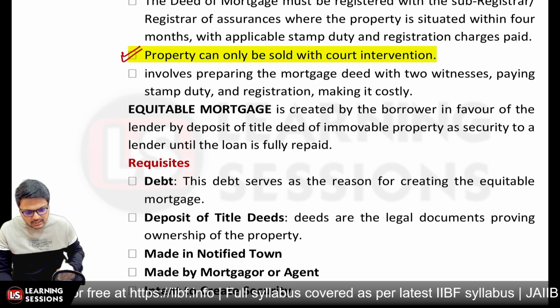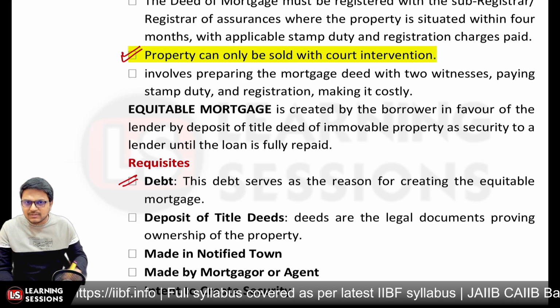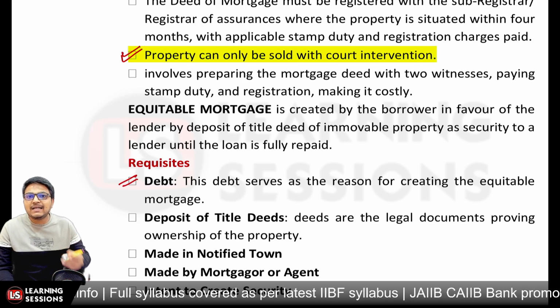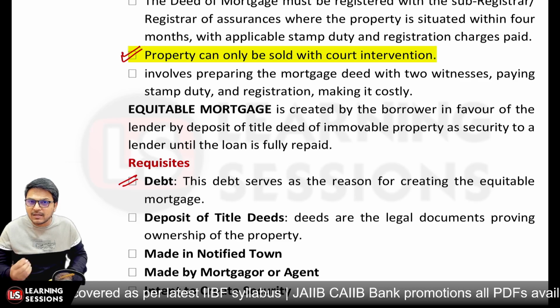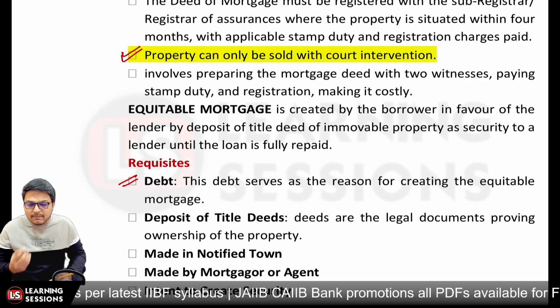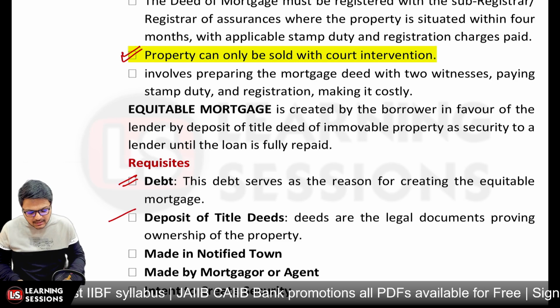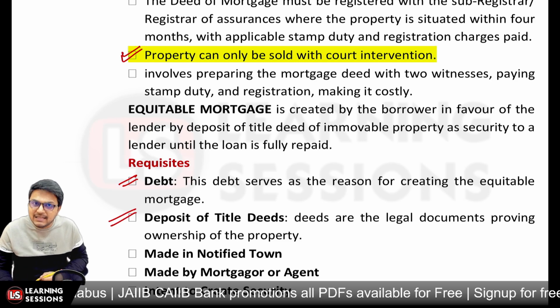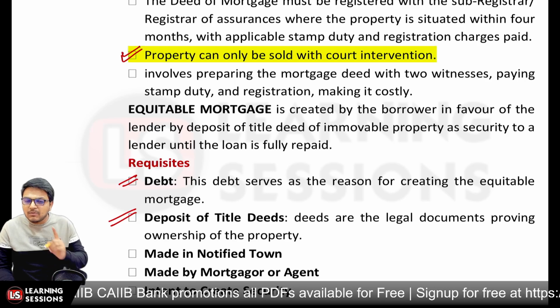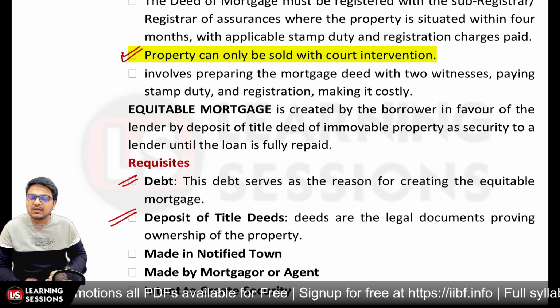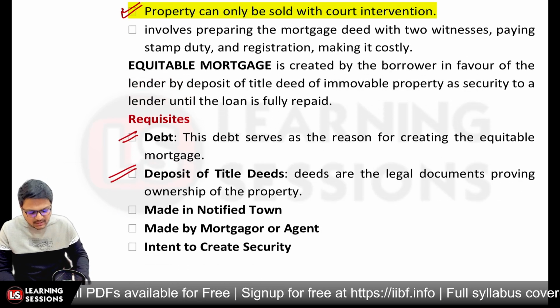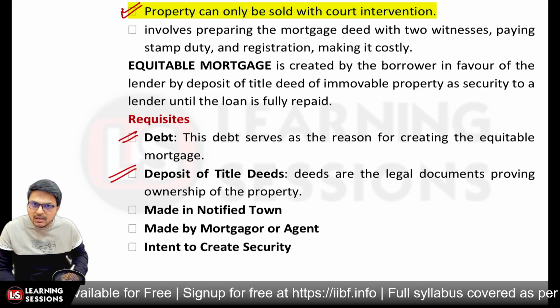The requisites related to the same are that the borrower says, I am going to take a debt. For which purpose? I'm going to create an equitable mortgage charge on my property. For that particular purpose only, we are going to deposit the title deeds. And an equitable mortgage can only be made in the notified towns, or particularly in the metro cities, and further it can be made by the mortgager or agent.